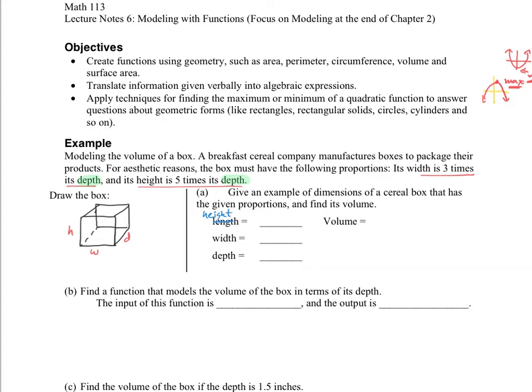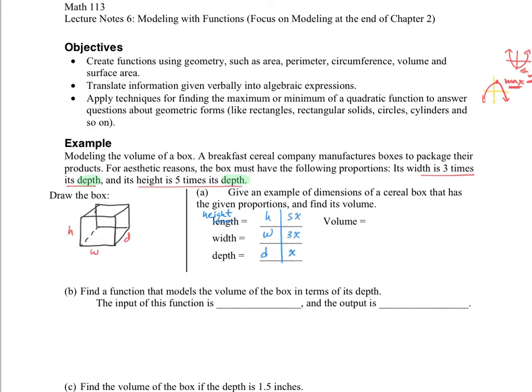Now since everything is related to the depth of the box, let's call that one x. Then the width, it tells you it is 3 times the depth, so this will be 3x, and then the height would be 5x.